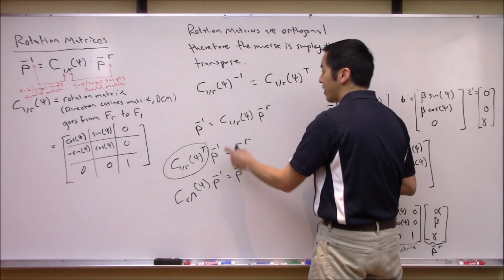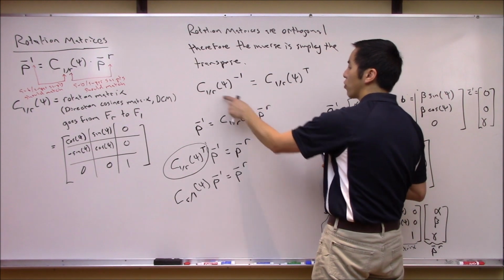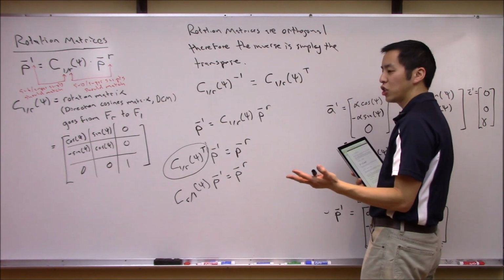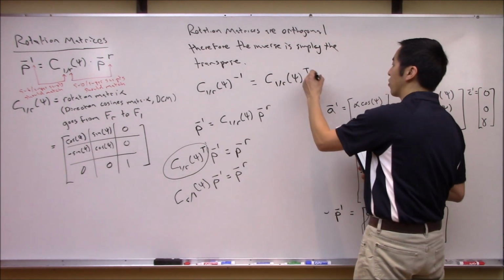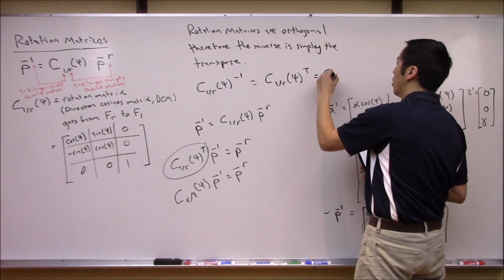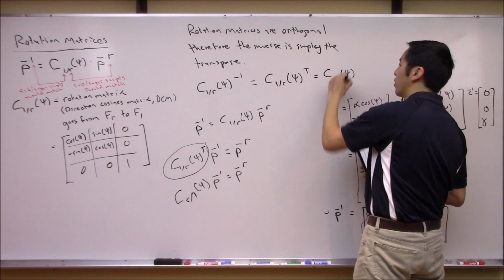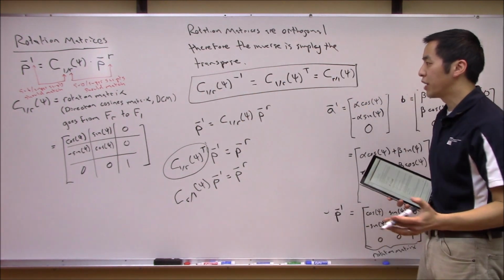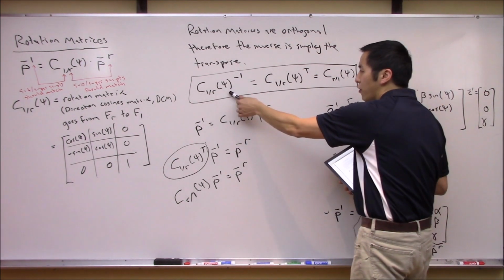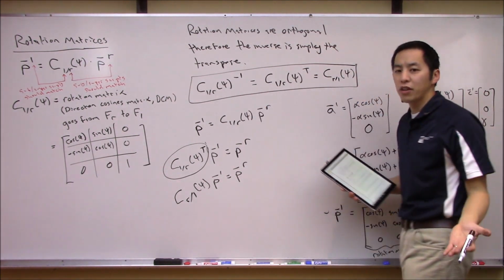So we basically see that the transpose or the inverse of a rotation matrix is the same thing as flipping the order of the indices. So you could write this thing as CR1 of psi, right? So here's a nice property of these rotation matrices. First off, never ever bother calculating a full-on inverse.